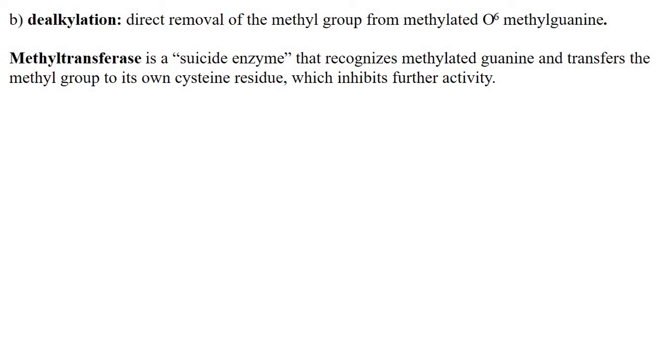Dealkylation is the direct removal of a methyl group from O6-methylguanine. What happens in dealkylation is, instead of doing a base excision or nucleotide excision, the enzyme can remove the methyl group from the methylated guanine, and then the guanine is fine after that.